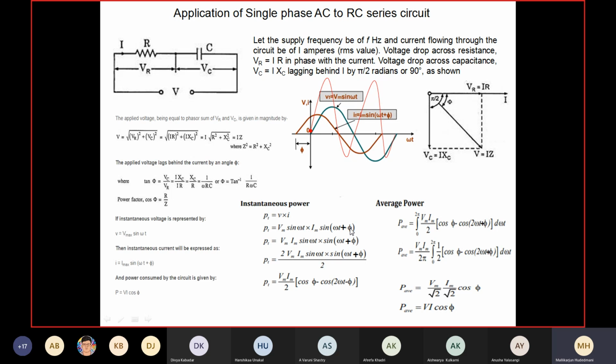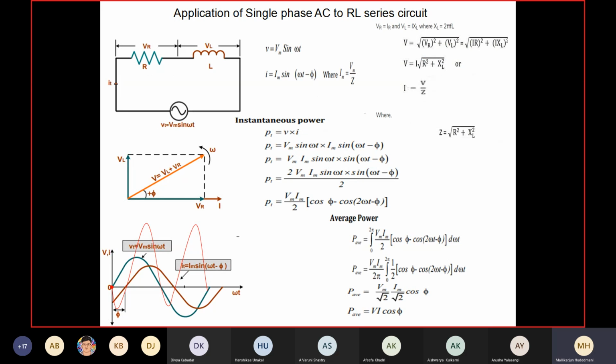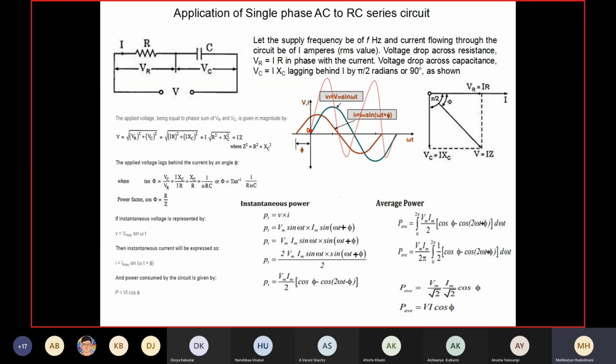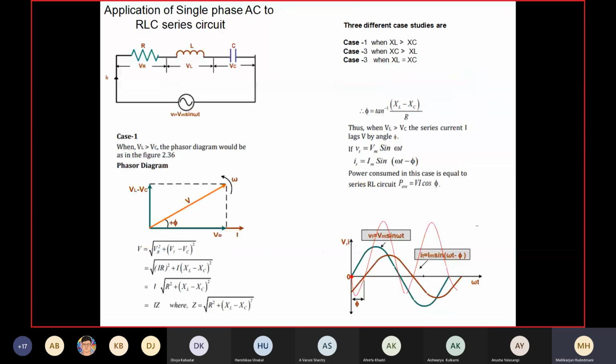You will find it. In the next class, we go ahead with an exhaustive case study of application of single phase AC to RLC series. If all the three elements are there in a circuit, how to study this? For that, we have case studies. Case study 1, if inductive reactance is larger than capacitive, XL greater than XC.